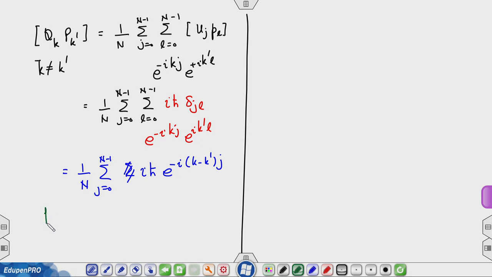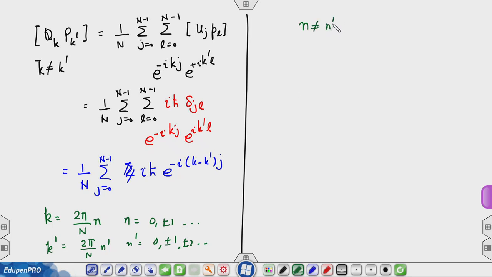Remember, k is equal to 2 pi over N times some n, equals 0, plus minus 1 and so on, and k prime is 2 pi over N times n prime, n prime equals 0, plus minus 1, plus minus 2 and so on, and this goes all the way up to the Brillouin zone. So, you do this summation, and for n not equal to n prime, you are going to get summation j equals 0 to N minus 1 e raised to i (k minus k prime) j equals 0.